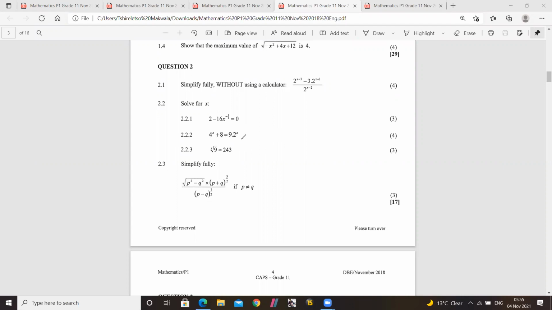So 4 and 2 are not the same. But can you change 4 into 2? Yes, you can. So 4 is the same as 2 to the power of 2. So this is going to be 2 to the power of 2x plus 8, which is equal to 9 times 2 to the power of x.